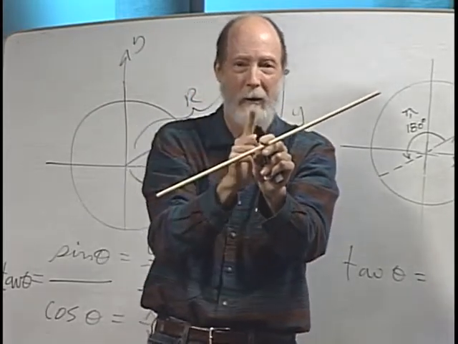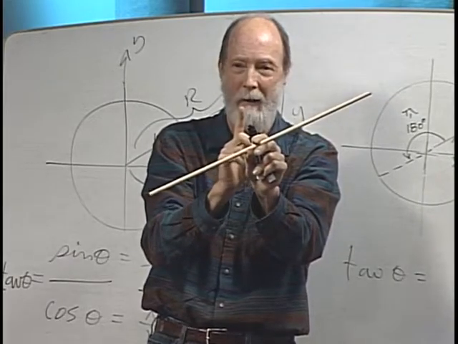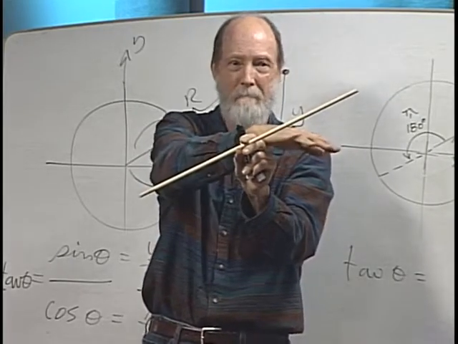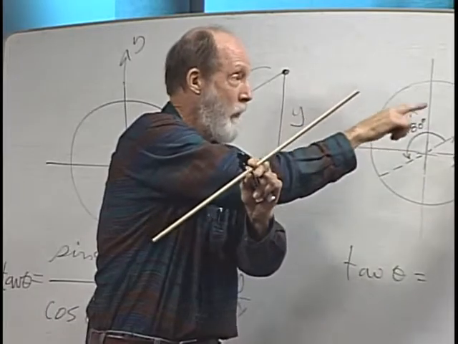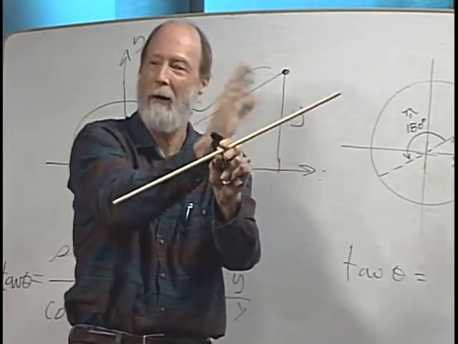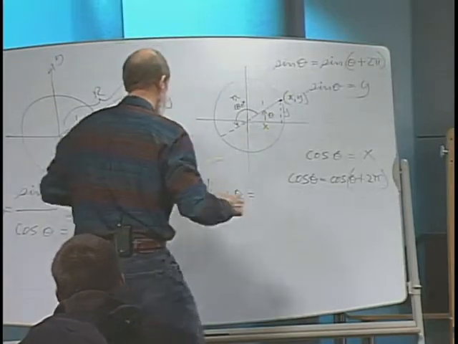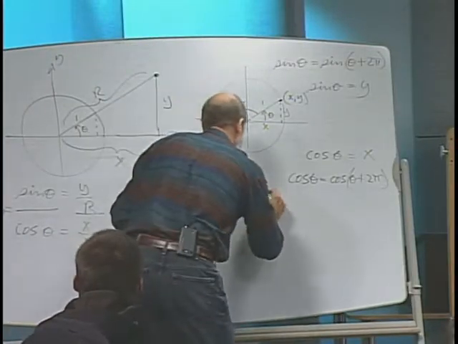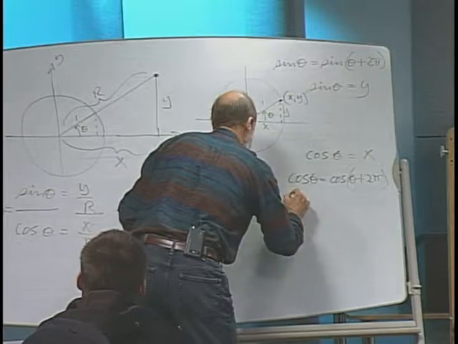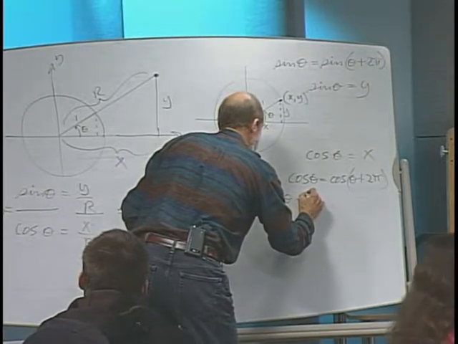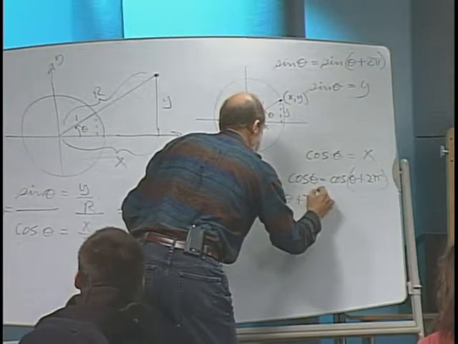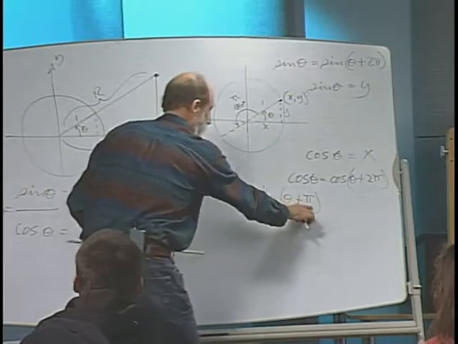So the period of the tangent function is what? It's not 2 pi or 360, it is only 180 or pi. So the tangent of the angle is the same as the tangent of theta plus pi, or theta plus 180 degrees.